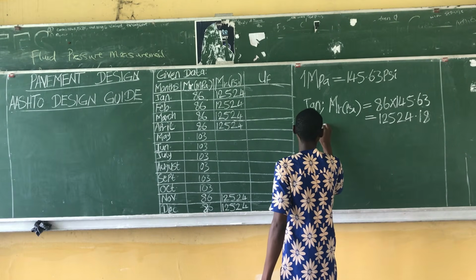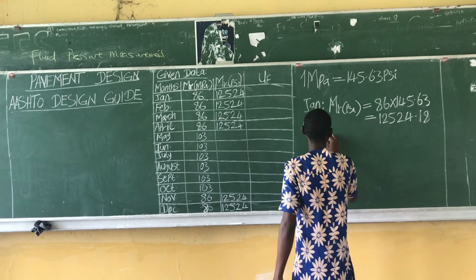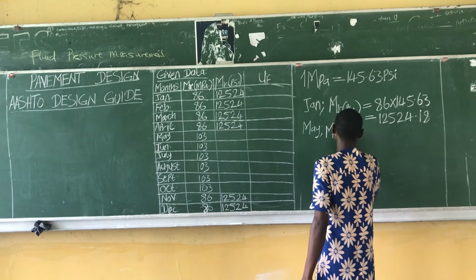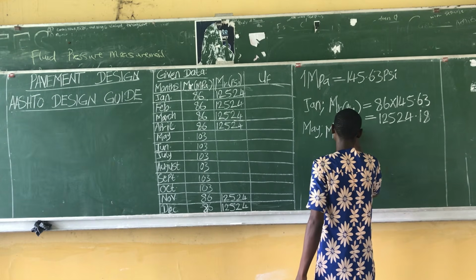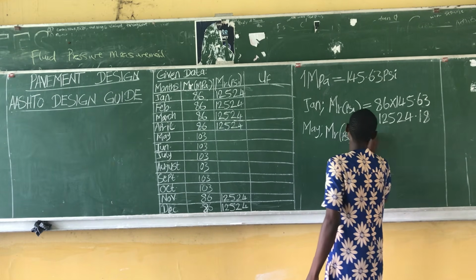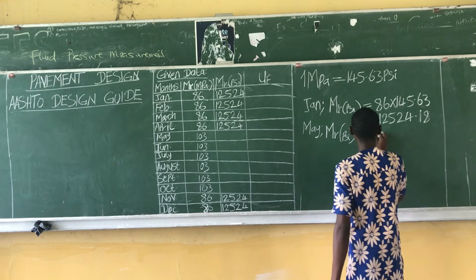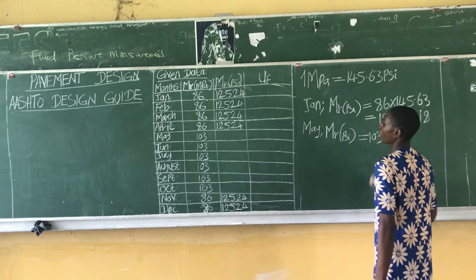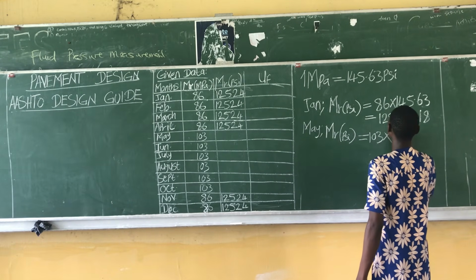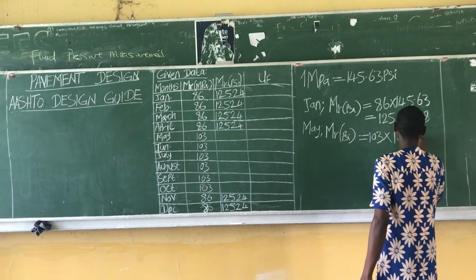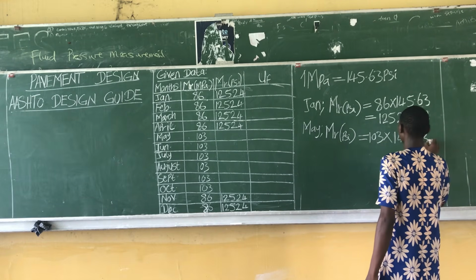for the month of May, our resilient modulus in PSI is equal to 103 times 145.63.